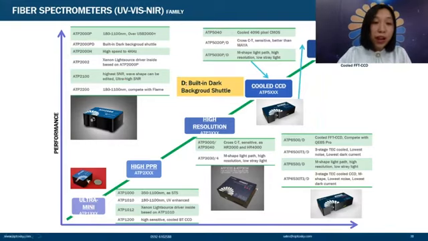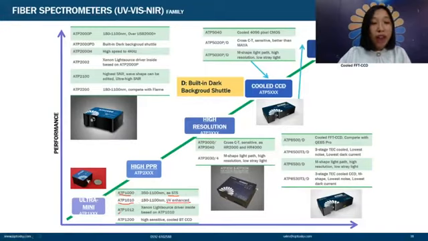We have the ultra miniature ATP 1000 model, and it's just like the Ocean Optics STS. And we have the ATP 1010. It adds the UV range, because the STS also has no UV range. If you want a UV range and you want a compact size, you can choose this model.